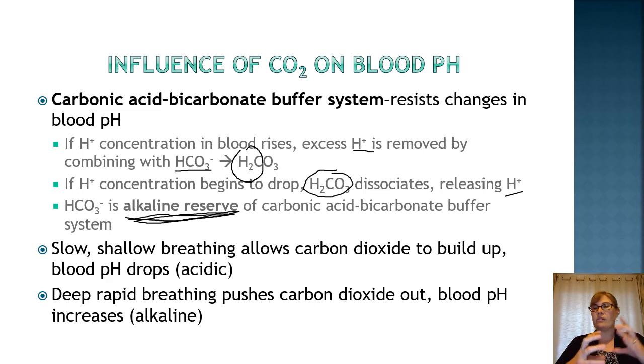So our breathing can have a huge impact on the pH of our blood. We have this carbonic acid bicarbonate buffer system. We also have the urinary system that's involved with helping regulate pH. But it all has to do with the hydrogen ions.